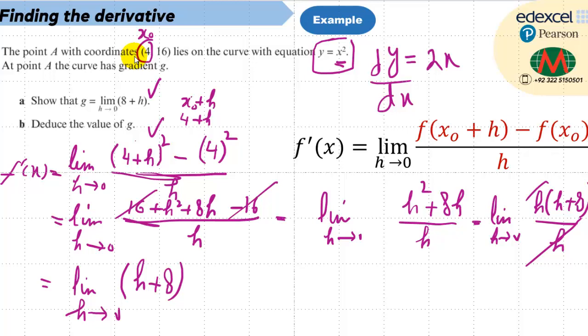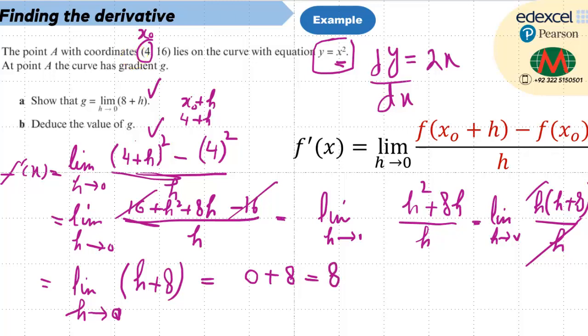Now we will apply this limit. What this limit is saying is h is getting closer to 0. It becomes so close to 0 that we say it is 0. So we'll put h as 0 here. When we apply the limit, we put h as 0 in h plus 8, so it will become 8.